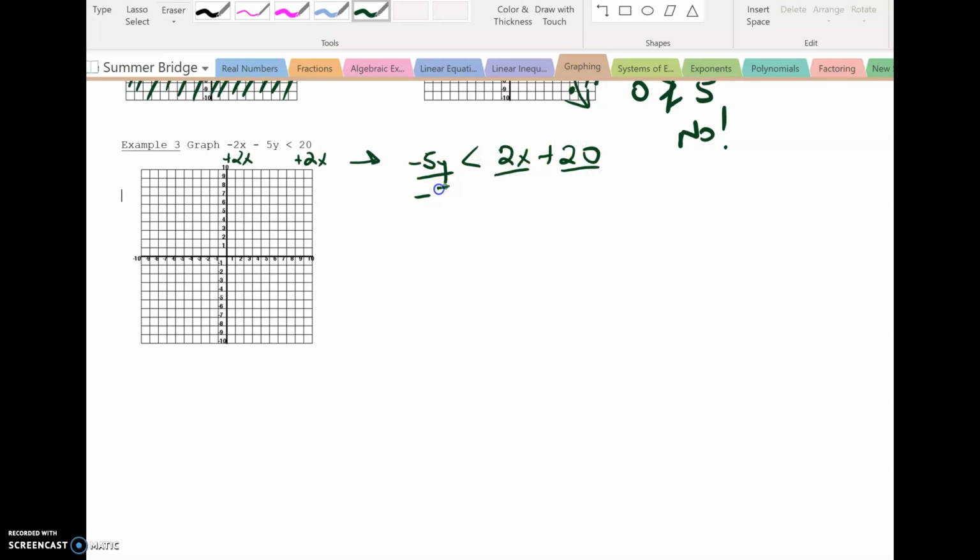We divide every single term by -5. Now because I'm dividing by a -5, the inequality flips. So I have y is greater than -2x minus 20.